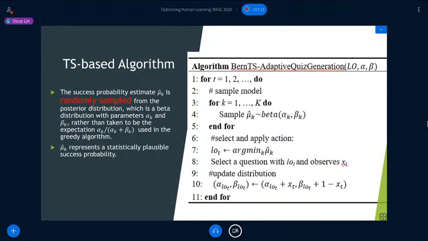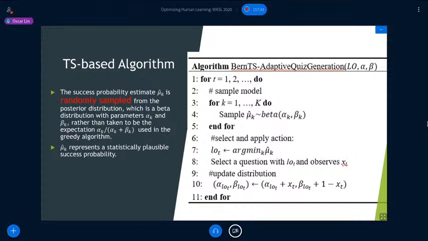Then, based on the Bernoulli bandit model, we adopt Thompson sampling to solve the problem. The basic idea is to randomly sample the success probability estimate mu hat k from the posterior distribution, which is a beta distribution with parameters alpha k and beta k.